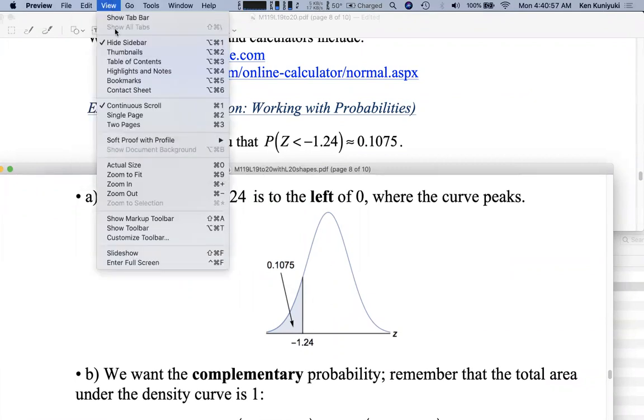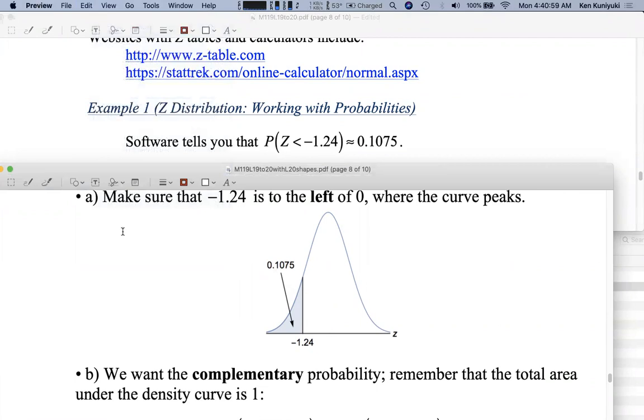Here's 0, corresponding to the mean line. At the very least, in addition to drawing a decent bell curve, please make sure that the negative 1.24 is to the left of 0. Now, the inflection point here does correspond to negative 1, but don't worry about that as much. The main thing is I want you to show that negative 1.24 is to the left of 0.